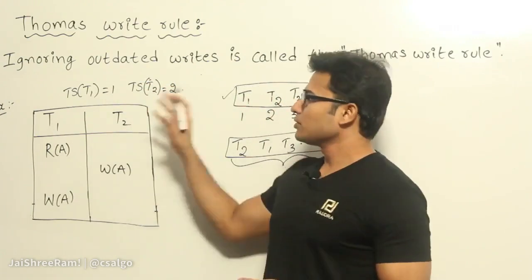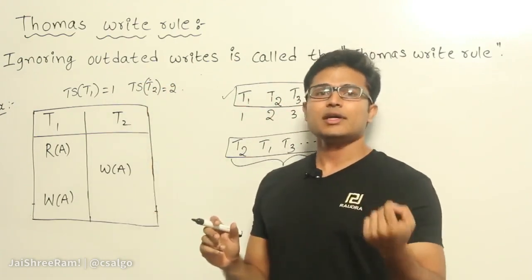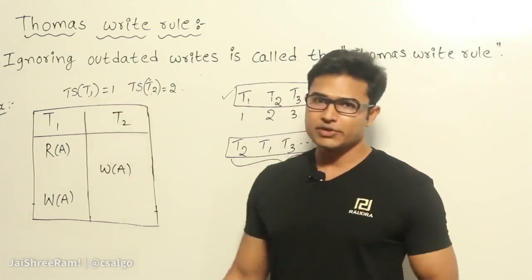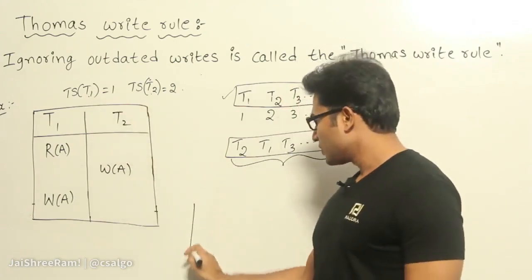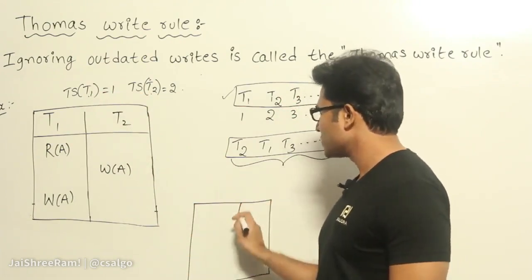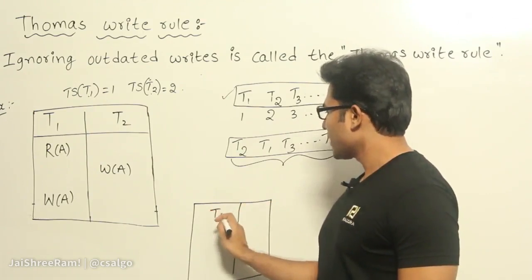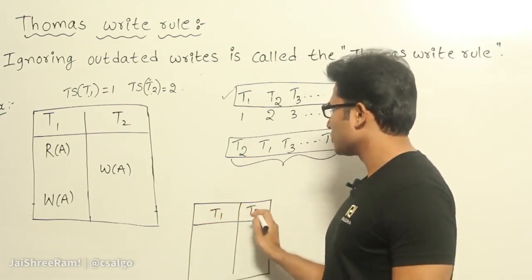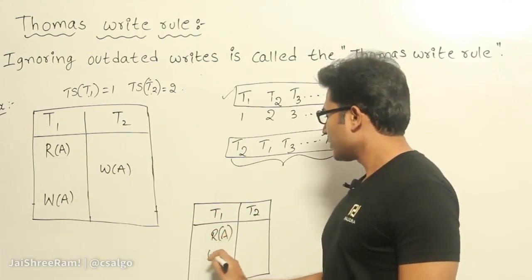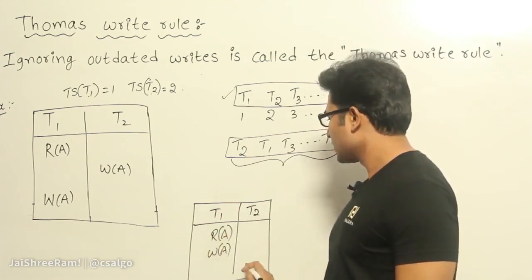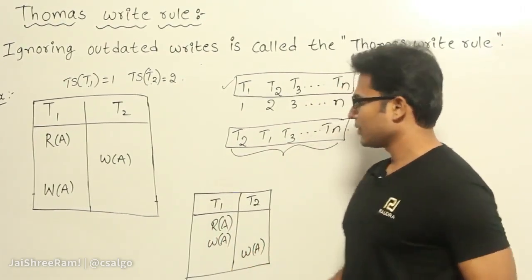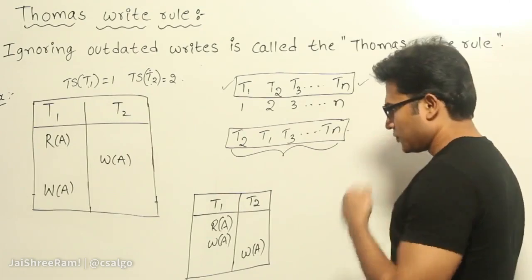It will try to execute the schedules only if they are conflict equivalent to T1 followed by T2, the serial schedule, which means it will allow schedules which are conflict equivalent to this particular schedule. T1 should happen first and then T2, right? So which means R(A), W(A) and then W(A), right?